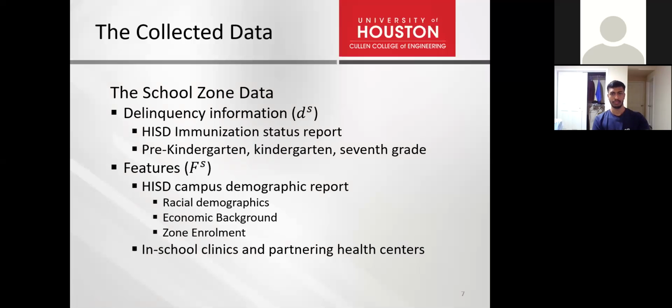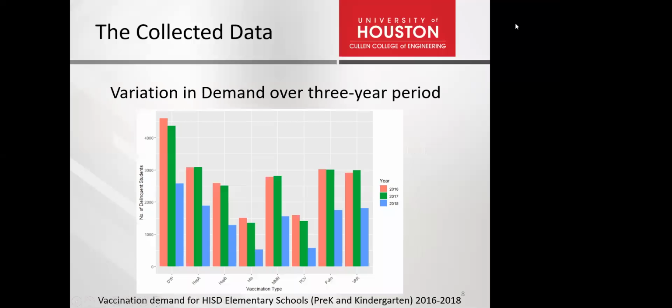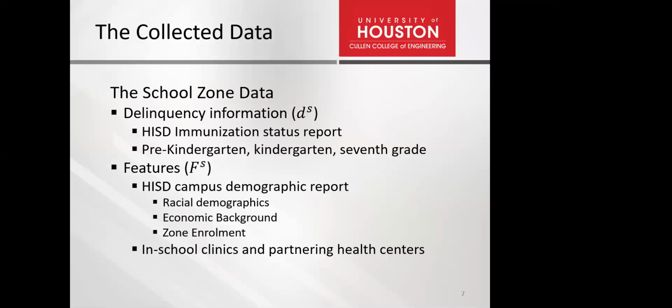And lastly, the in-school clinics. So for example, different middle schools have some special clinics on-site, and students can come to that clinic and get different vaccinations. And lastly, we have the partnering health centers, which provide vaccination among different services to these school kids.